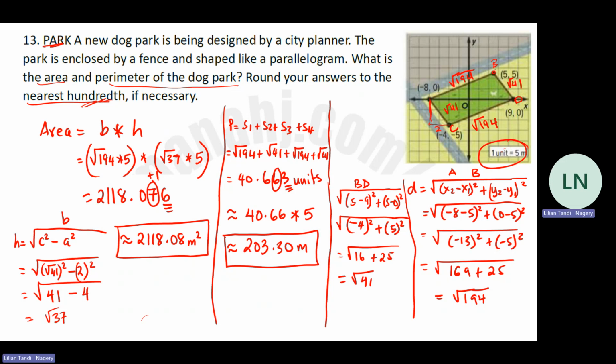All right. So we found the area and the perimeter. So we needed 2 answers, and there are our answers in the boxes. Okay?